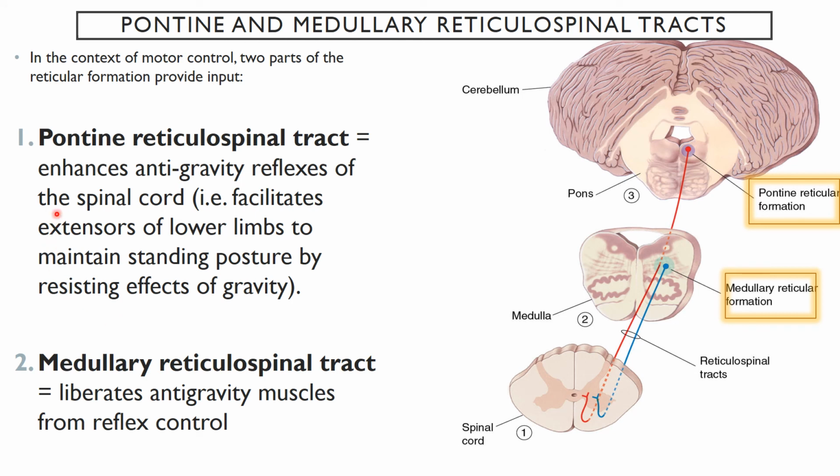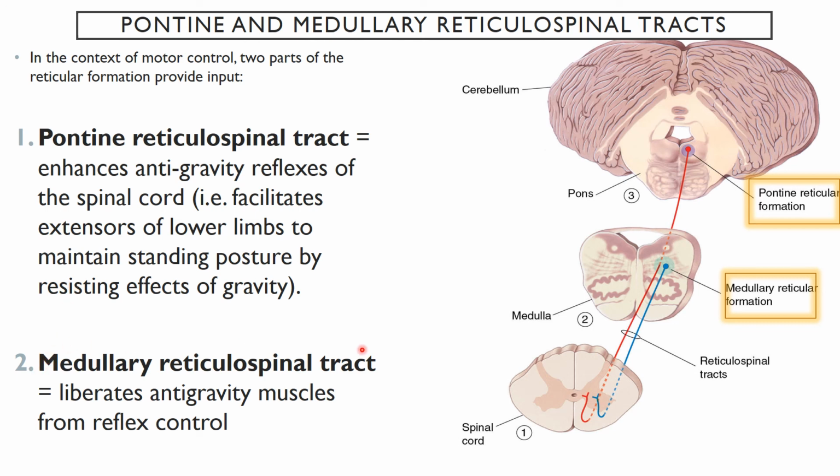What we mean by this is that we have parts of our brain that pay attention to and sense the effects of gravity. Falling is an important thing to resist, and our body has ways of instinctually inducing reflexes to help prevent us from falling. So just maintaining balance is going to be regulated by the pontine reticulospinal tract.